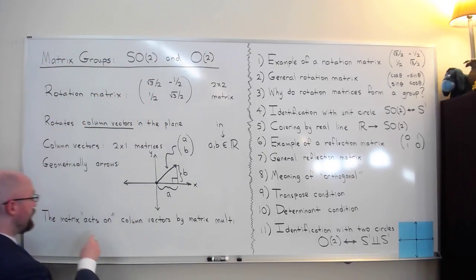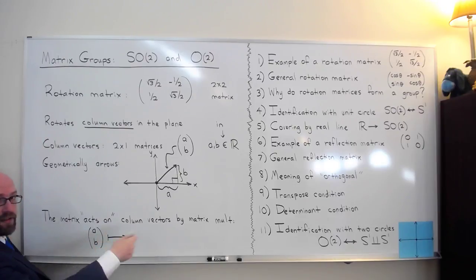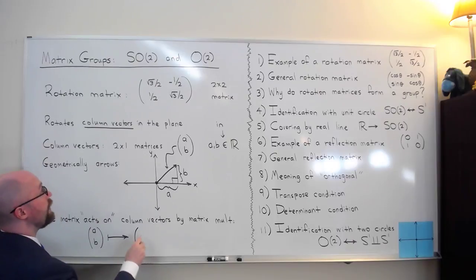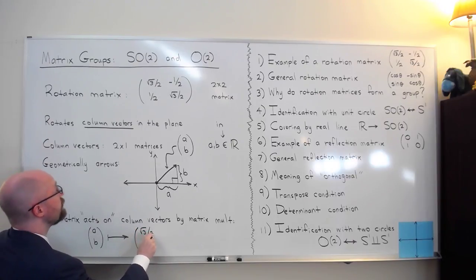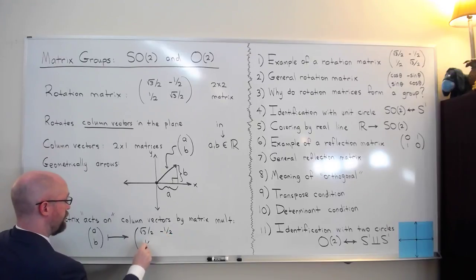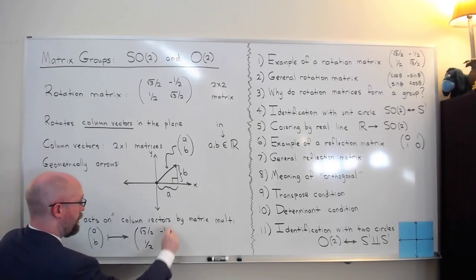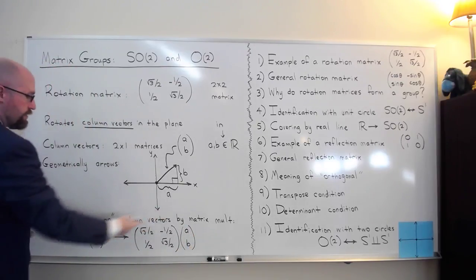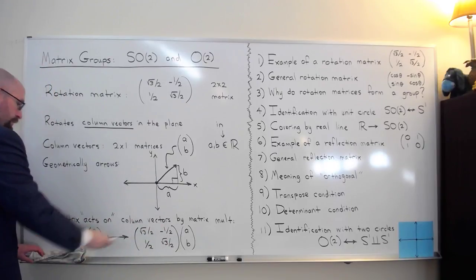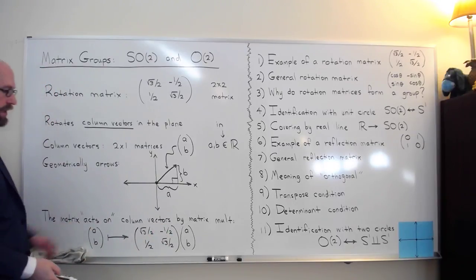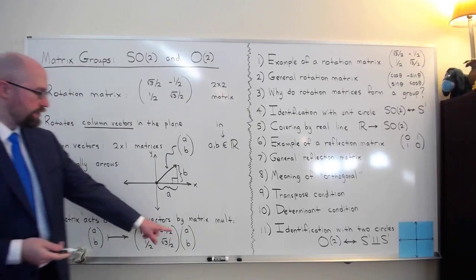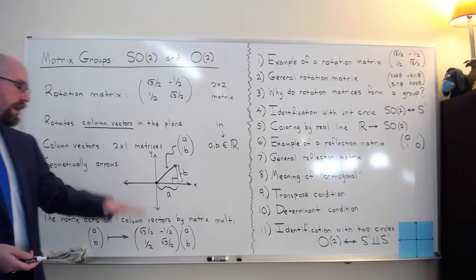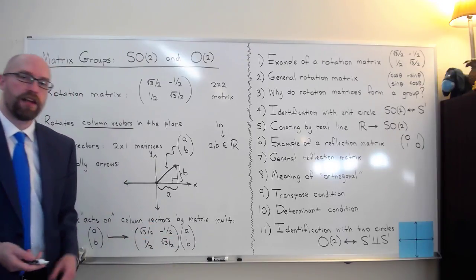And so what does this mean? What it means is you start out with a column vector, A B, and then you send it to, that's what this little arrow means, it maps this thing over to this other column vector, which is going to be the matrix times the original column vector. Now, if I have room down there, I could write out what that matrix product was, but I'm not going to, because we're going to use some specific examples where I'll choose a particular A and a particular B, and I'll show you how this thing rotates those vectors.